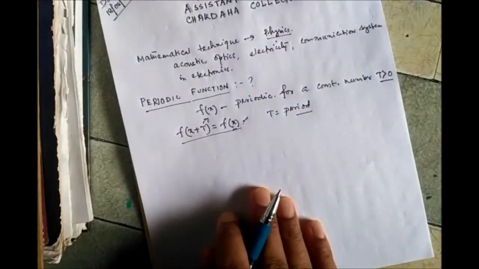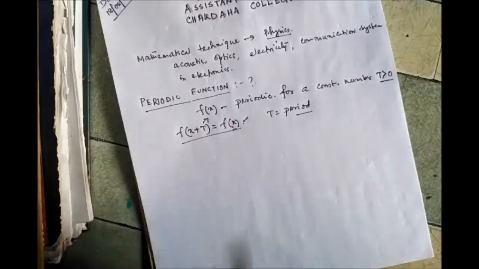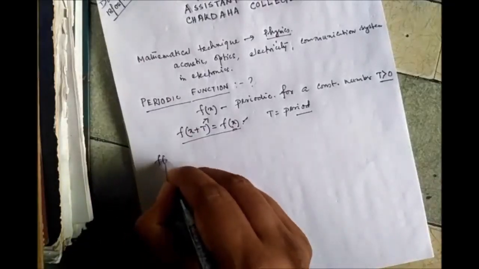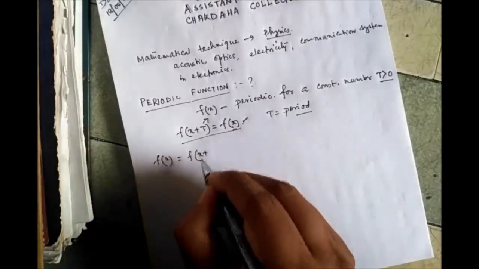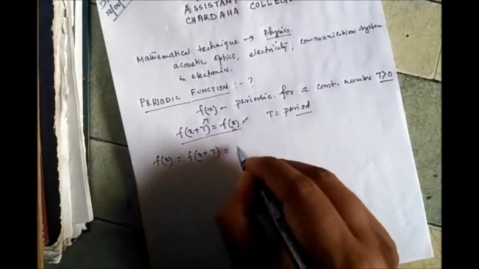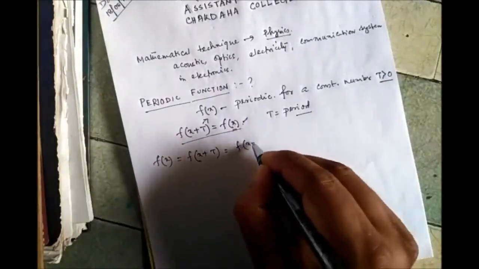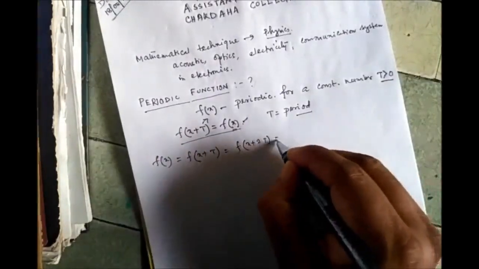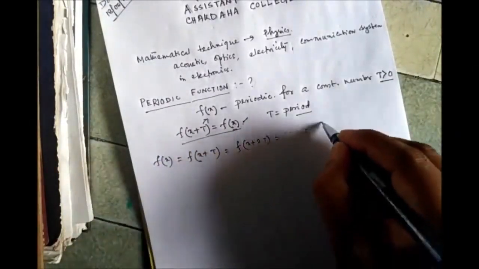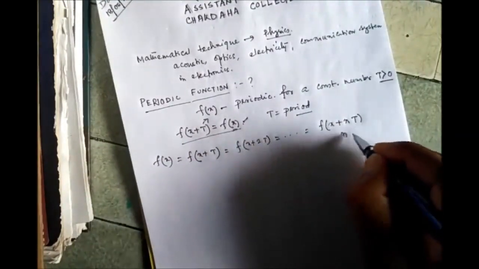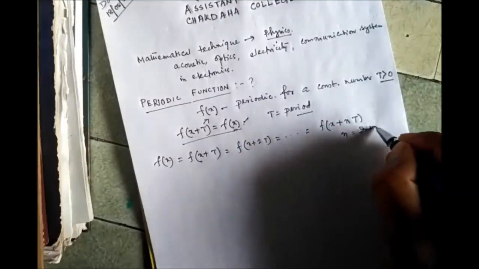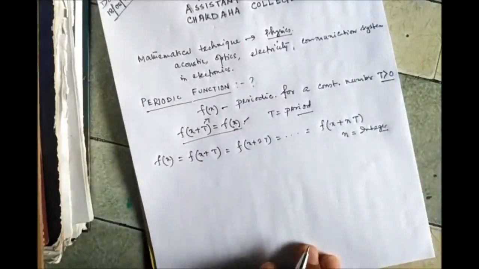Now, if f(x) is periodic, then f(x) must be equal to f(x + T). Again, this must be equal to f(x + 2T) ... f(x + nT), where n is some integer.